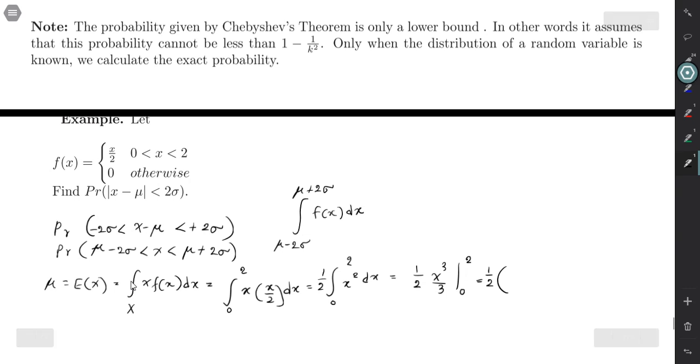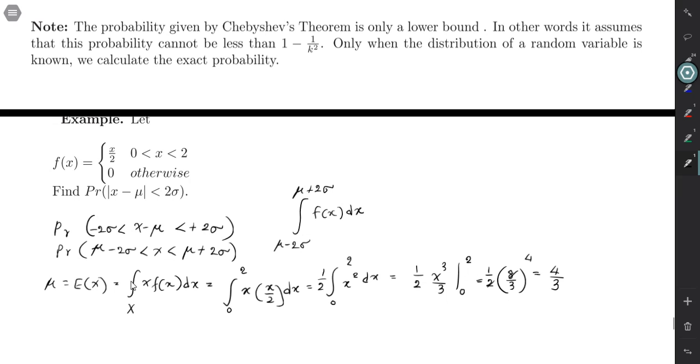Evaluate: 2 to the power 3 is 8 over 3, and at 0 it is 0. So you get the answer 4 over 3. So the mean is 4 over 3.